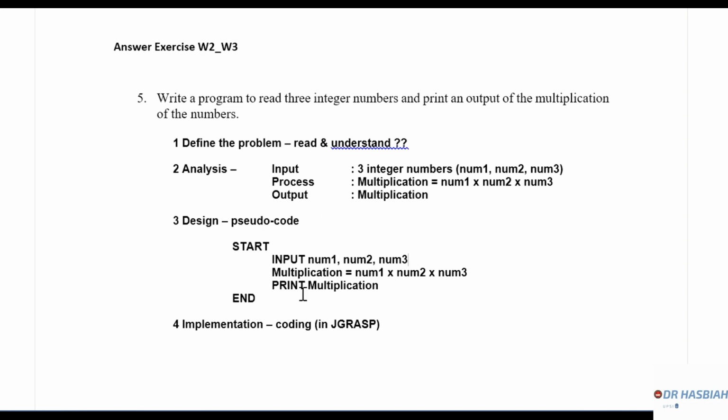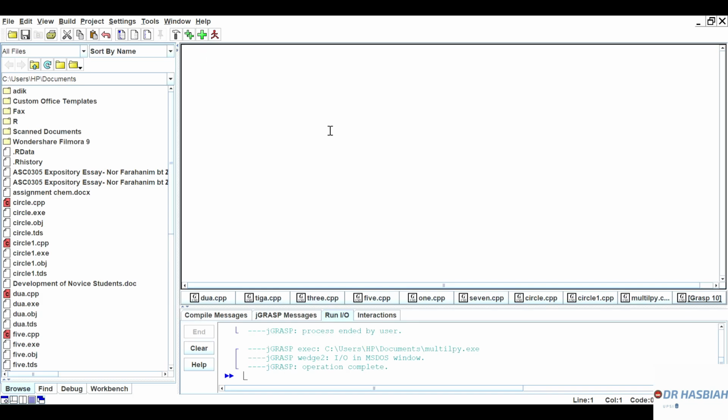Then after this, we want to transform this pseudocode to coding. So we are going to do the coding in JGraphs. I close this slide, and then I move to JGraphs. This is the blank space, because I want to create a new file. So we start with the include first.